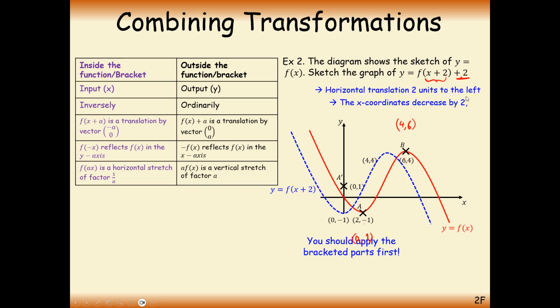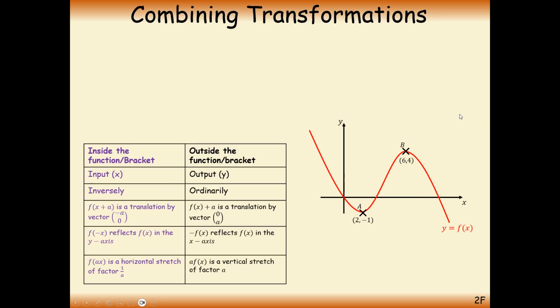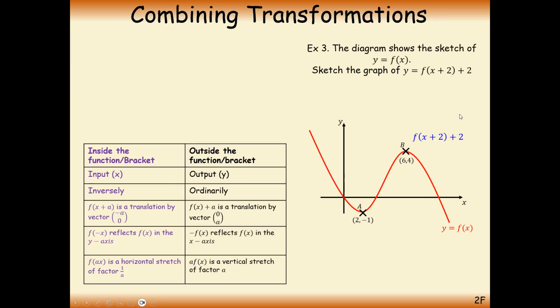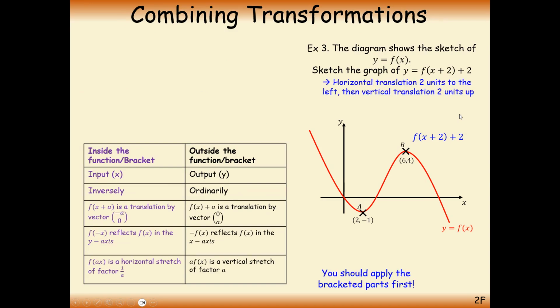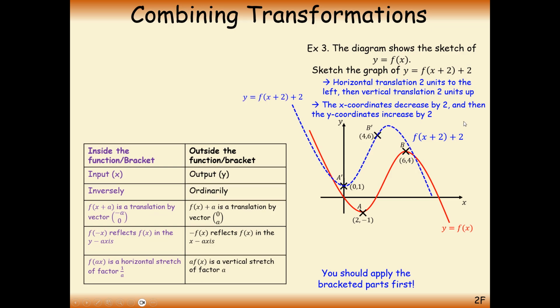That is just the horizontal translation, and once we apply the vertical translation, we will get to what we said, 4, 6 and 0, 1. Okay, notice I did both transformations at once, but the slide had to do one at a time. This is still example 2.